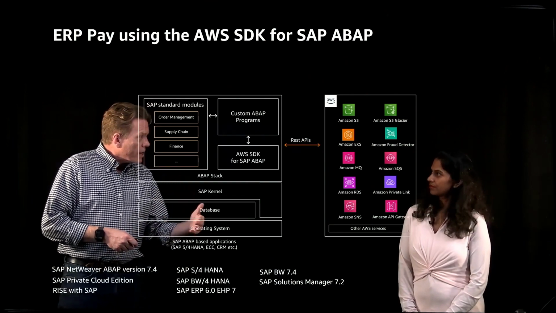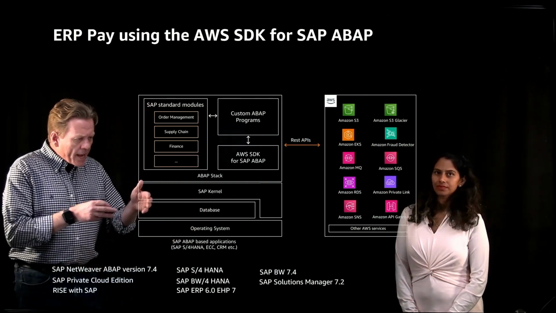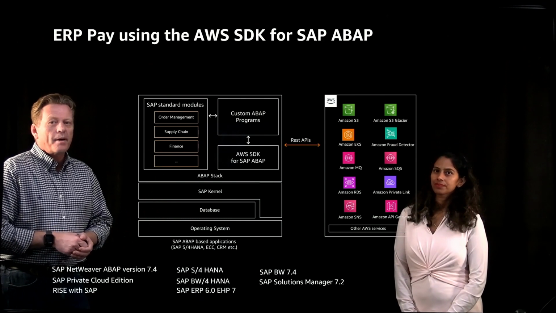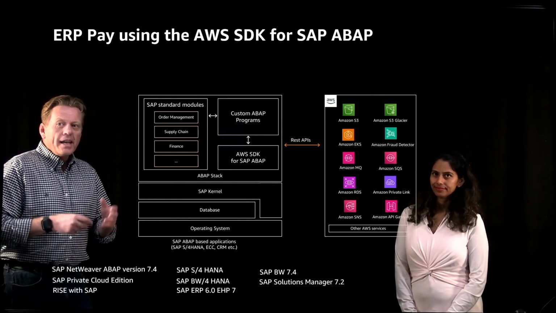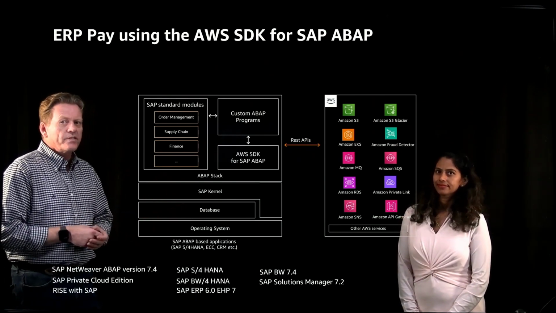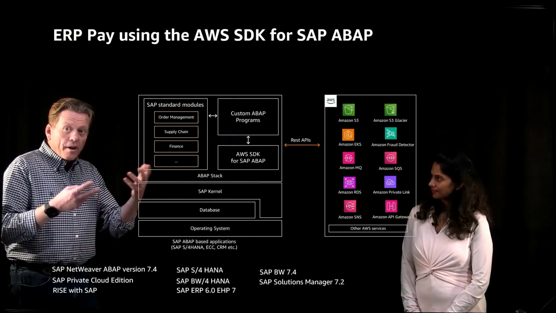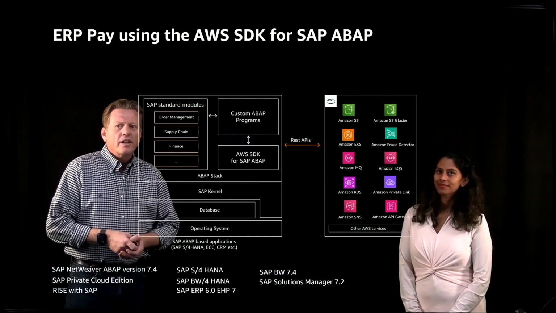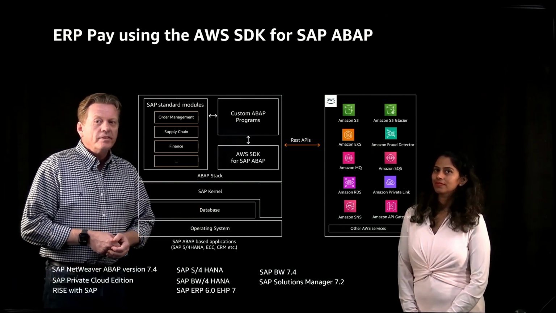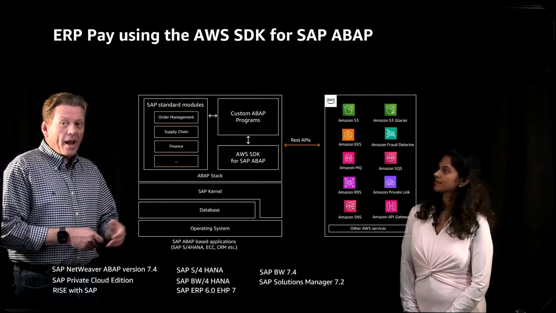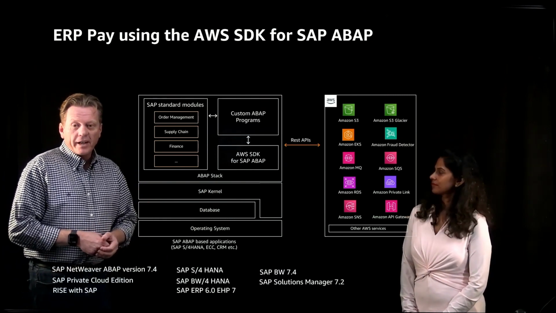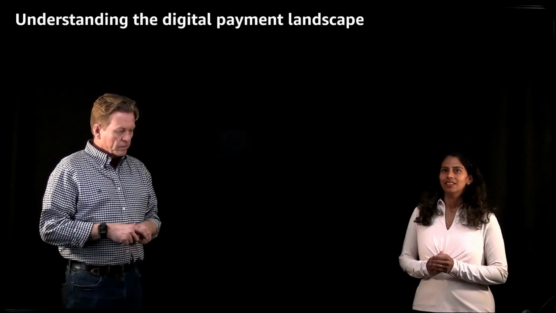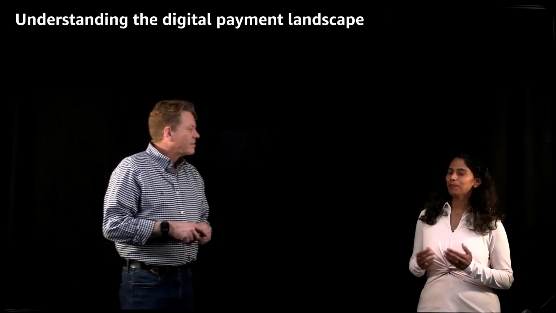It drives automated reconciliation into SAP using the AWS ABAP SDK for SAP and leverages a host of AWS services to improve financial processes. These include AWS S3, EKS, API Gateway, ALB, Private Link, and many others.